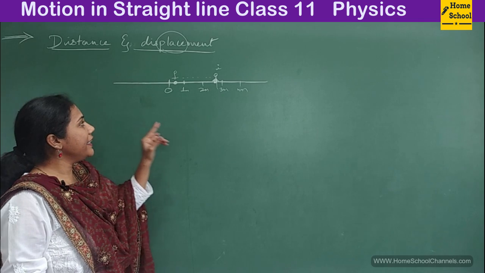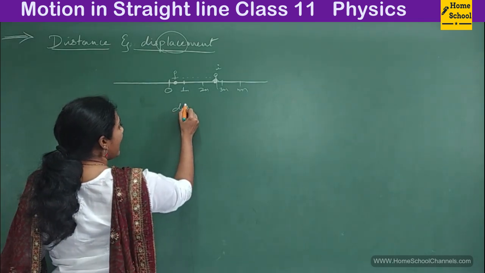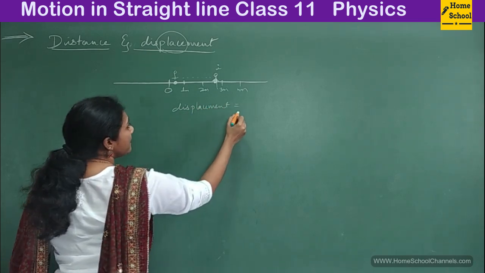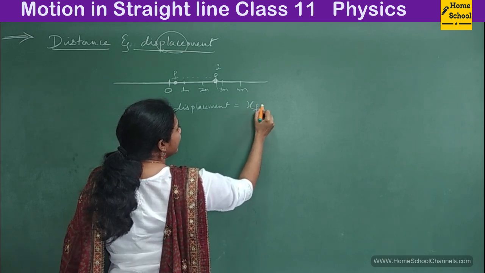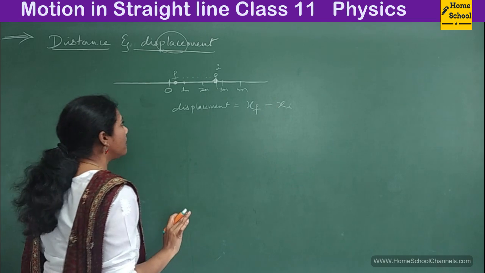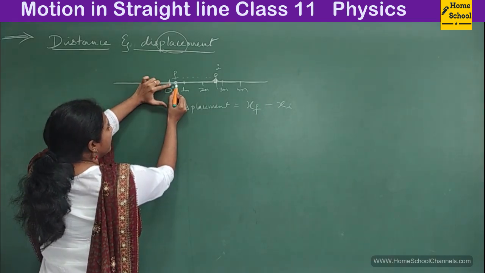Can you calculate how much the displacement is here? How do you calculate displacement? x final minus x initial, final position minus initial position. Which is my final position? It's here, that is 0.5 meters.